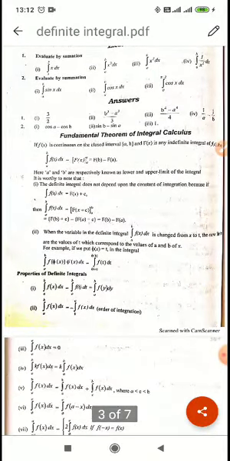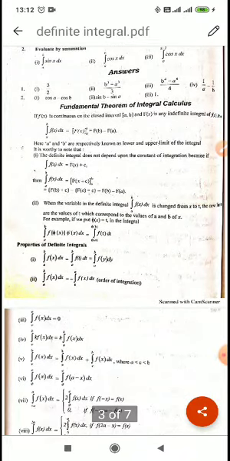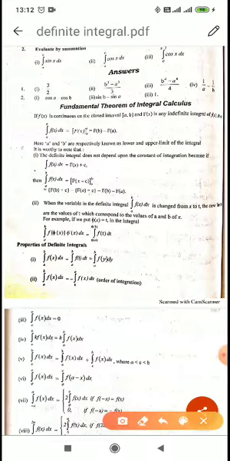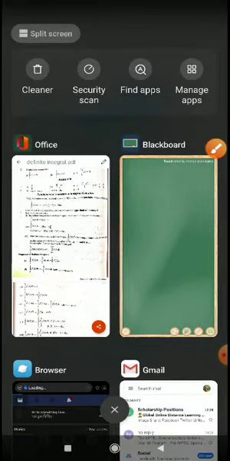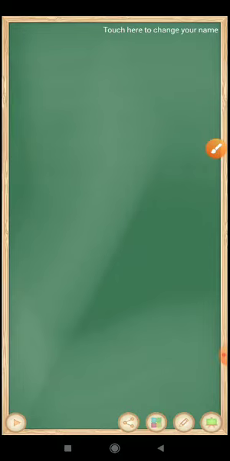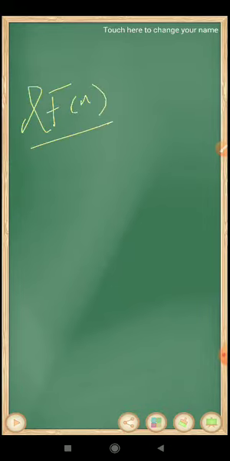Now you can go for what is the fundamental theorem of integral calculus. Suppose f of x is a function. If you differentiate this function, then you are going to get small f of x.